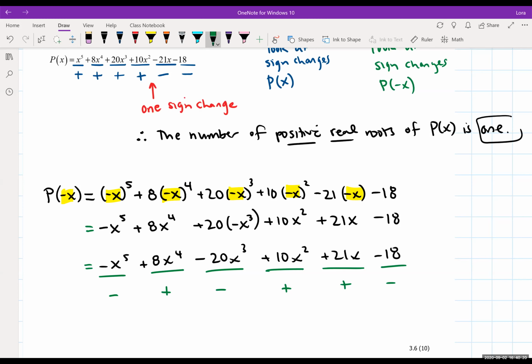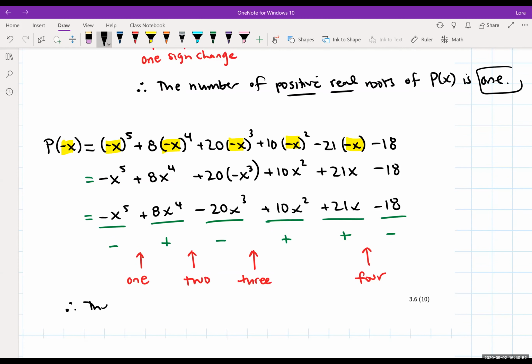So I do see a lot of pluses and minuses, so I'm going to take great care to help myself understand this. I start off going from negative to positive. That's one sign change. Then I go from positive to negative. That's two sign changes. Then I go from negative to positive. That's three sign changes. Nothing's happening until the very end. I go from positive to negative. That's four sign changes.